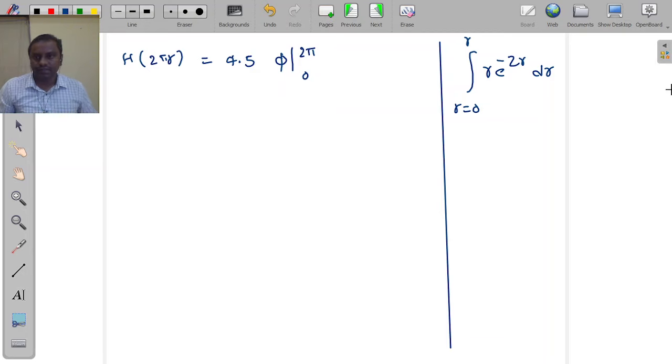So first we will calculate this integration and we will come back to this.